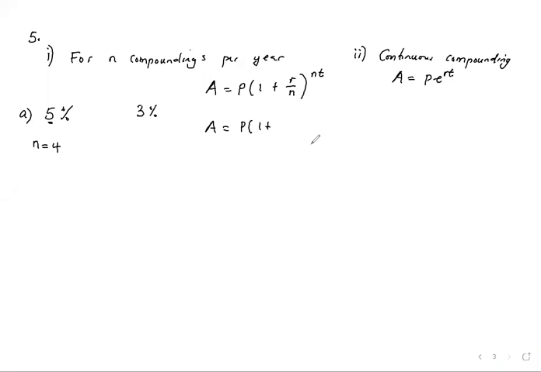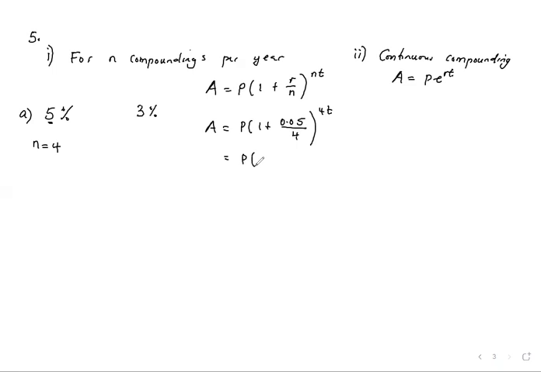Now this 5% in decimal is 5 divided by 100, which is 0.05. So 1 + 0.05 over N, where N is 4, to the power NT. Now N is 4, so we have 4T.